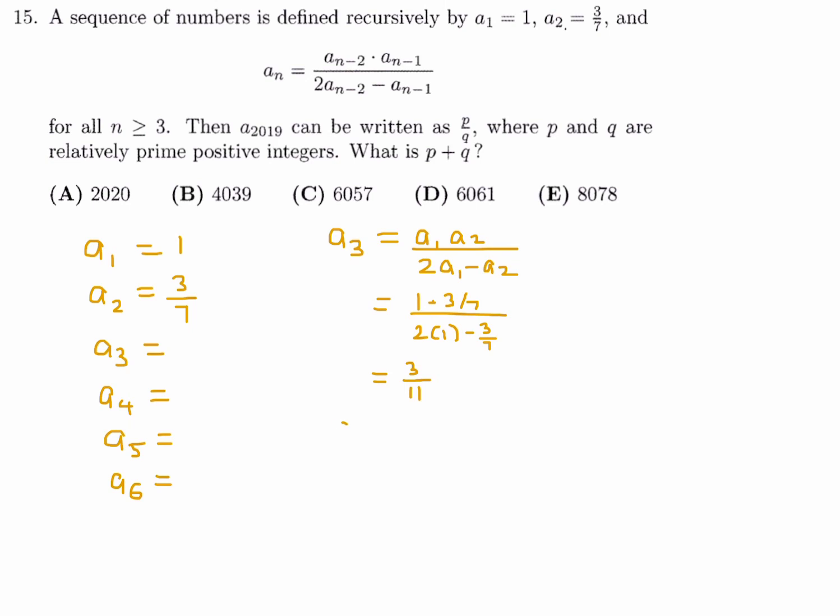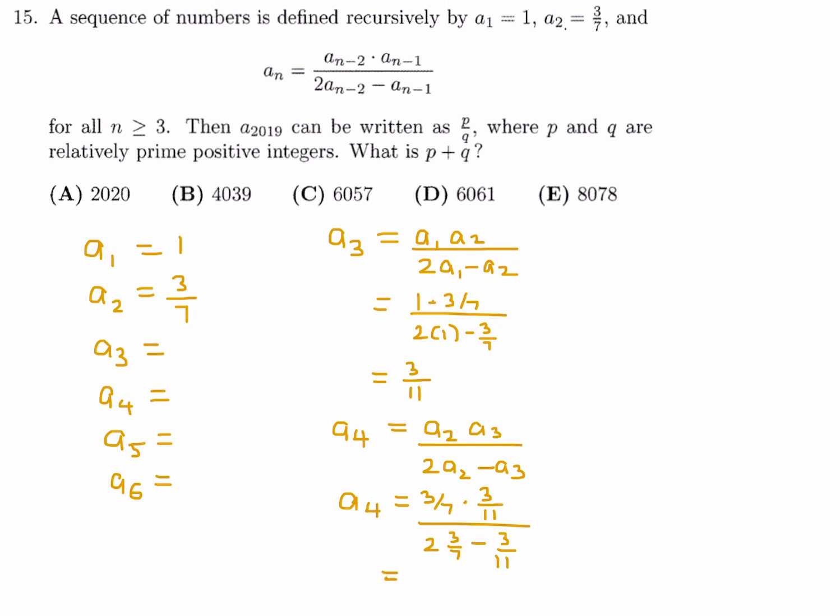Now we move to a4. So a4 would be a2 times a3 over 2 times a2 minus a3. Again, using that formula. So a4 is going to be 3 over 7 times 3 over 11 over 2 times 3 over 7 minus 3 over 11.